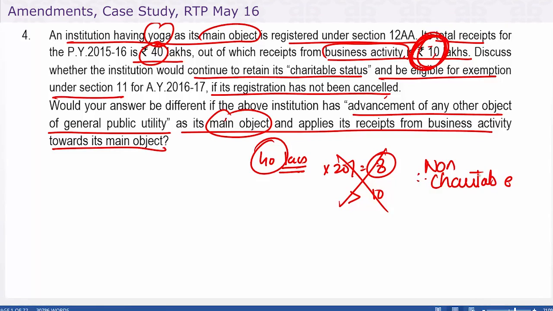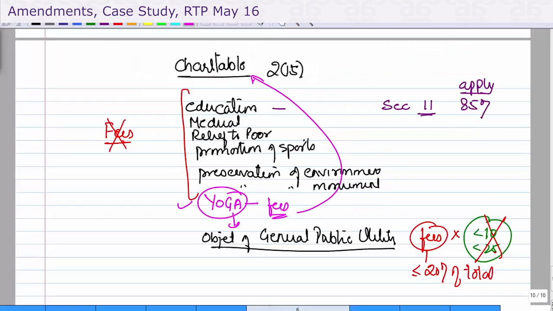When you are looking at accumulation in case of charitable trusts, we have accumulation of 85%.